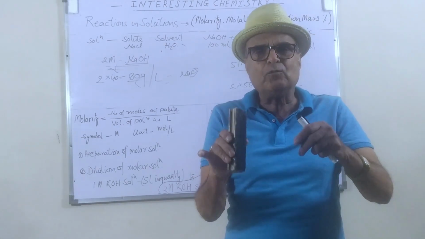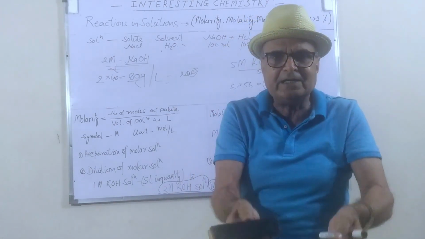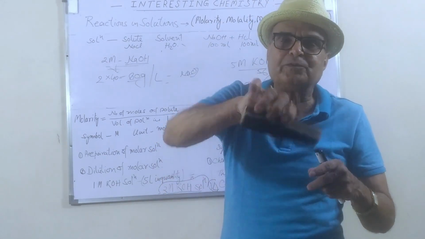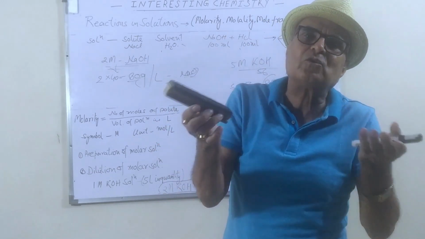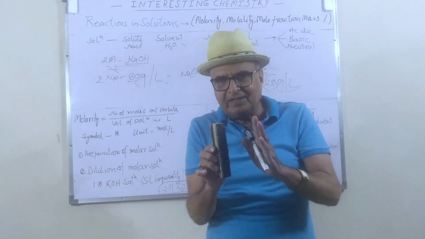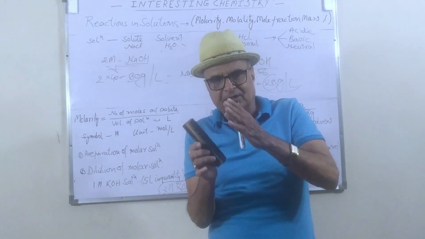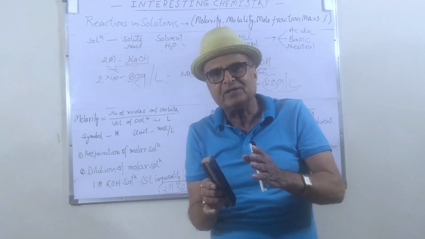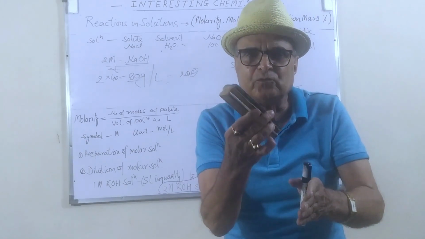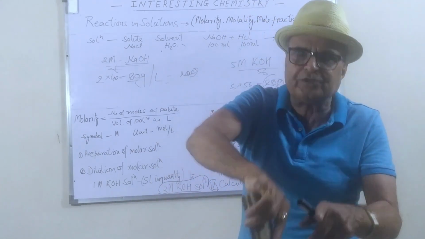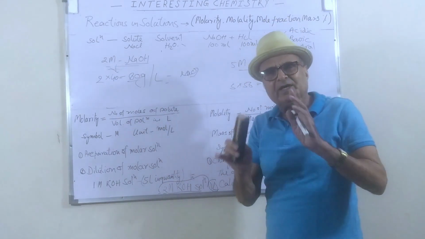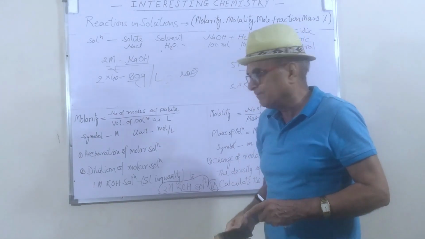You can also say when 1 mole of the substance is dissolved in 1 liter of solution. But the correct definition is that 1 mole of the substance is present in 1 liter of solution, because here the volume of the solution is 1 liter. So I think you have understood it.